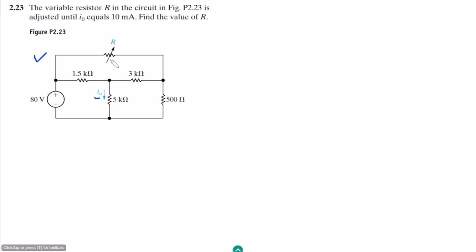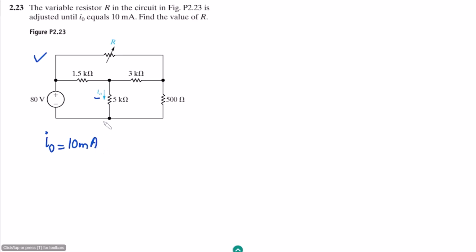This is the variable resistor, and with the help of the knob or anything else, this is adjusted in such a way that the current which is flowing through this 5 kilo ohm is 10 milliamps. Okay, so the only quantity which we have now is this I naught, and the value of I naught is 10 milliamps.